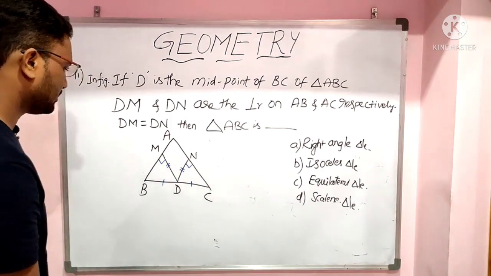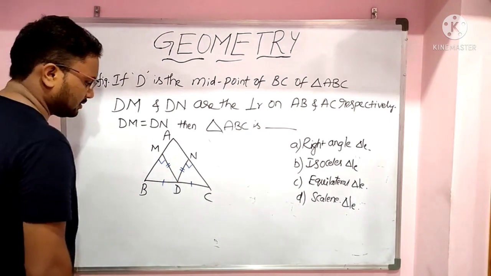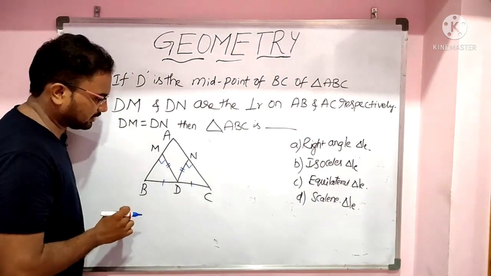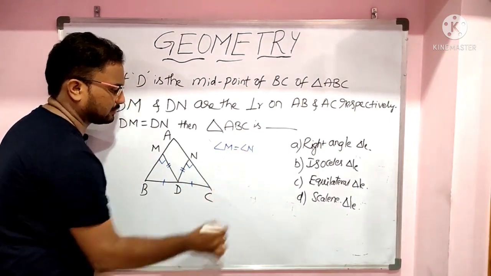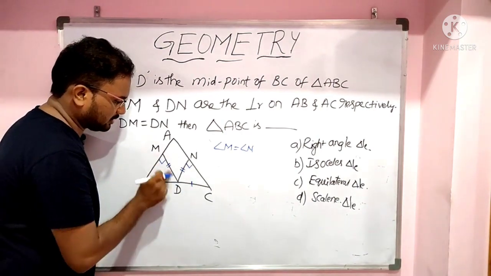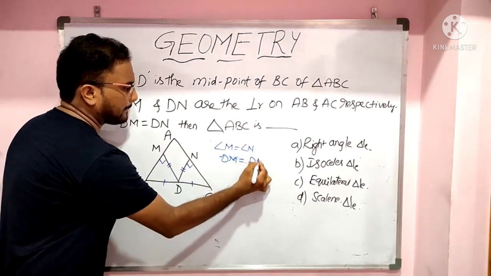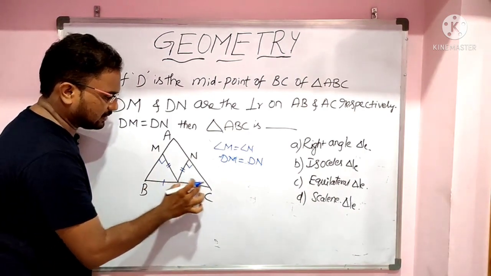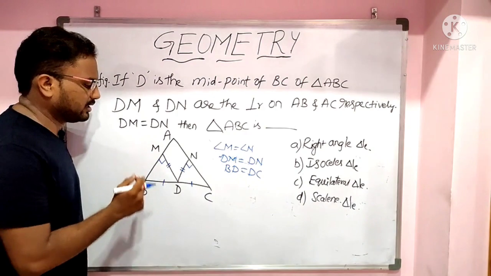If you observe these two triangles, angle M equals angle N, DM equals DN, and BD equals CD.